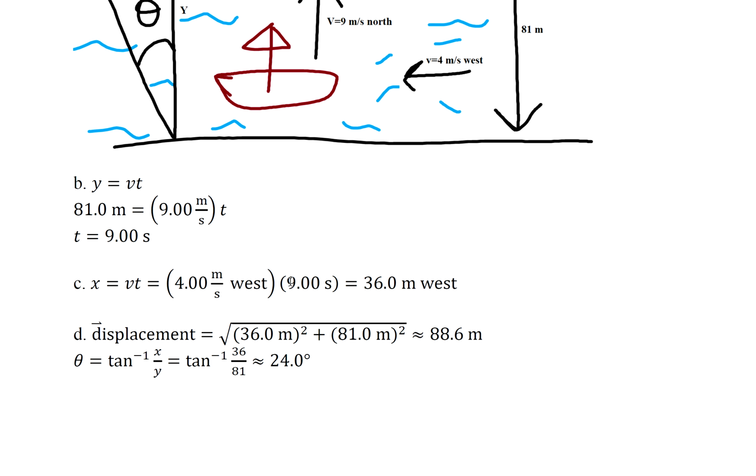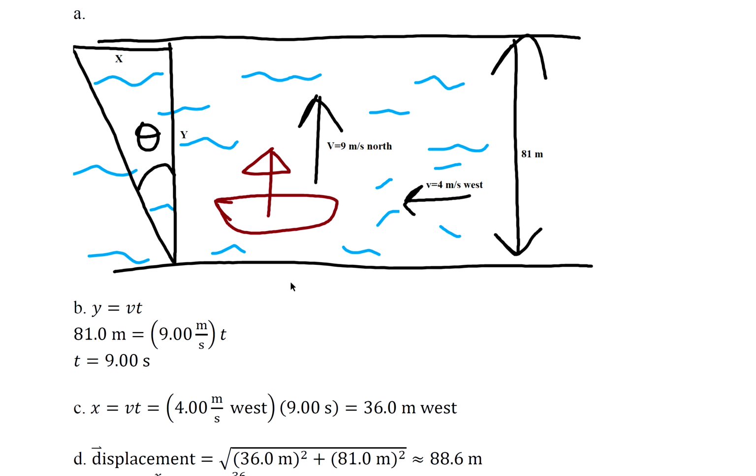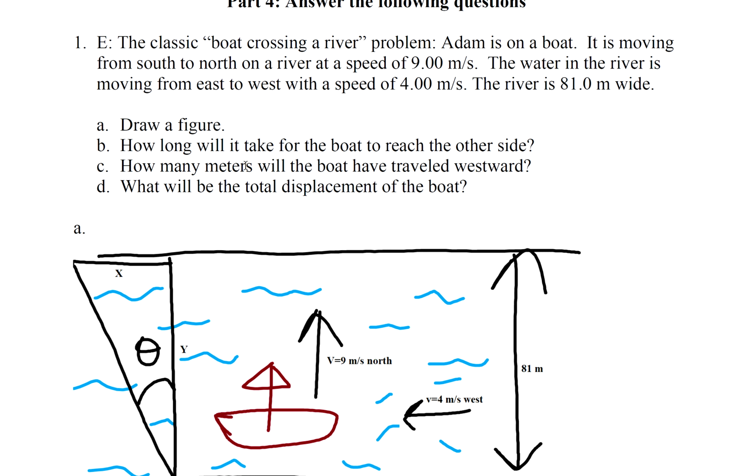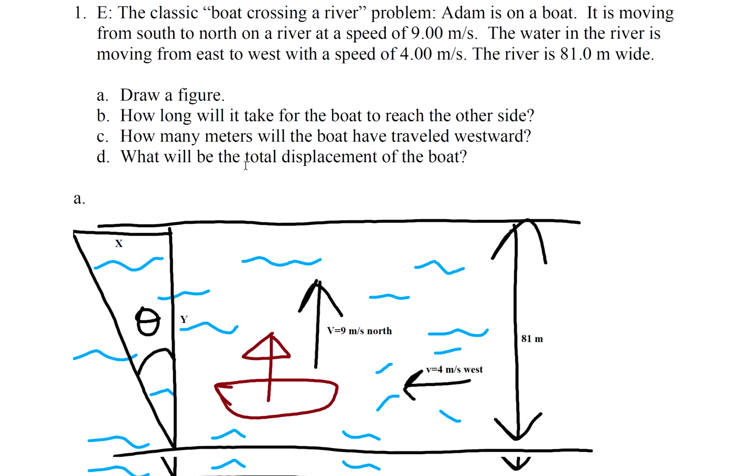Square root of 36 squared plus 81 squared gives us 88.6 meters. And theta, we could do tangent inverse of x over y, because we're looking at this triangle here, it's going to be x over y. Gives us 24 degrees. This is a very classic problem, so please try your best to understand this perfectly.